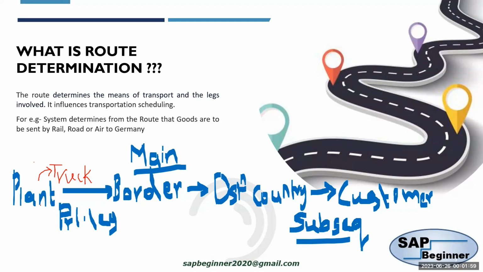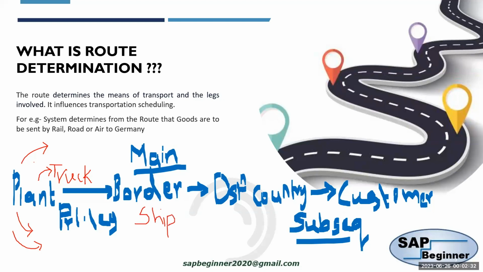For example, your client has various plants and they have various shipping points, so there would be multiple trucks coming in from multiple locations. All these trucks are preliminary legs.